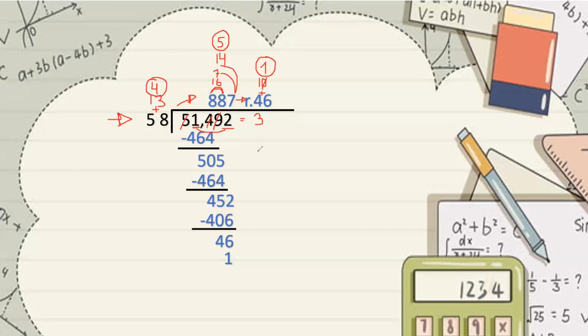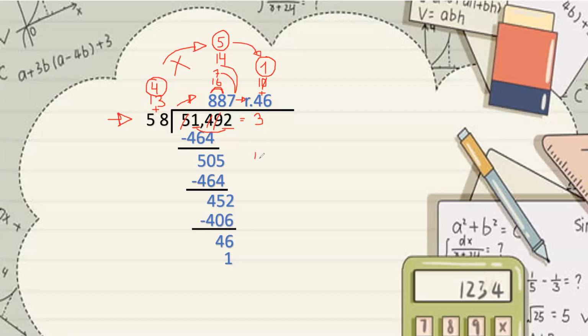Now let's see, what are we going to do? Divisor exceed times quotient exceed plus remainder exceed.